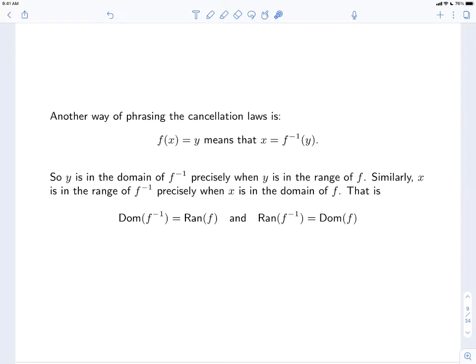So the domain of one is the range of the other, and the range of one is the domain of the other. The domain and range of f and f inverse swap. That's because ultimately what you're doing is you're changing the roles of x and y. You're changing the x's from inputs to outputs and the y's from outputs to inputs.